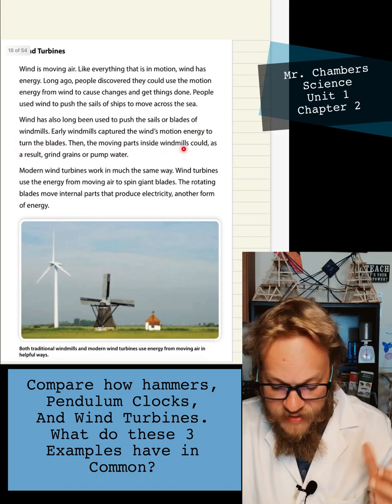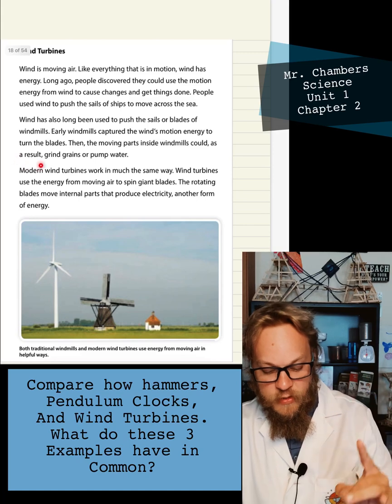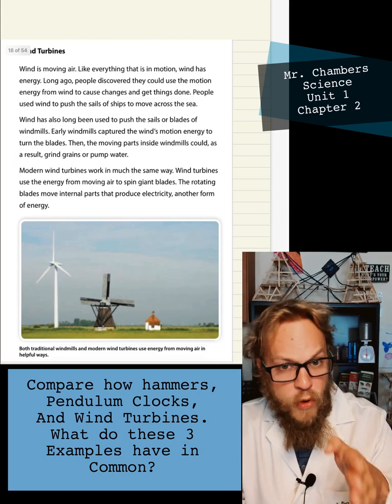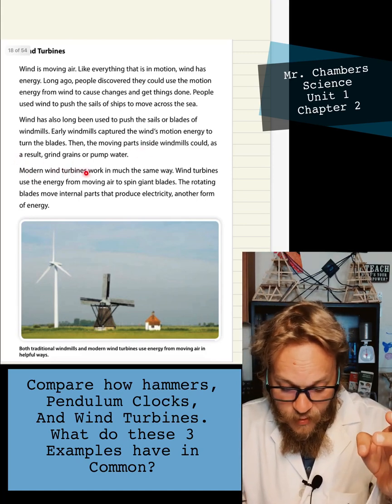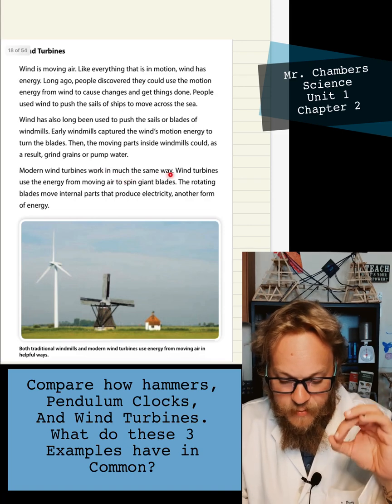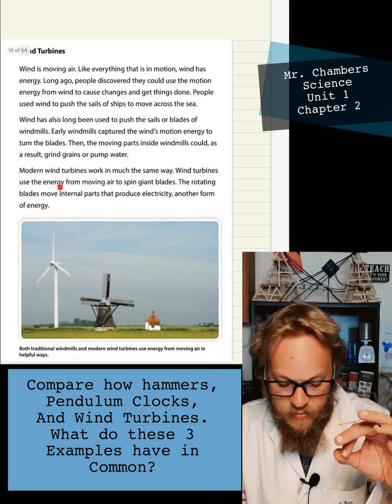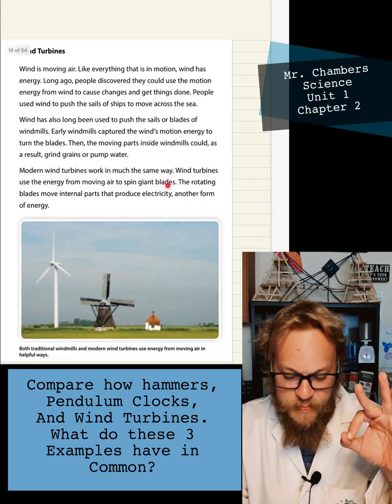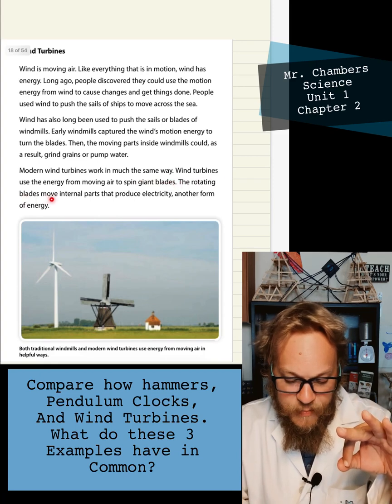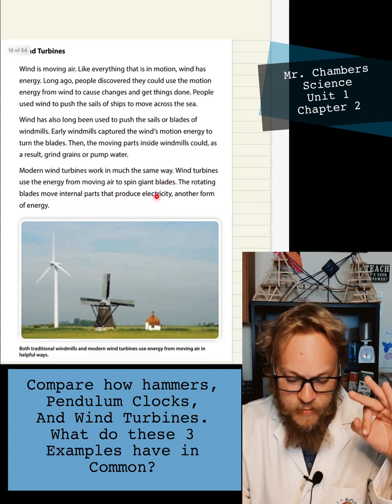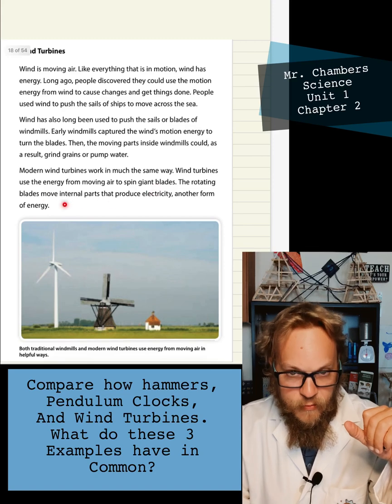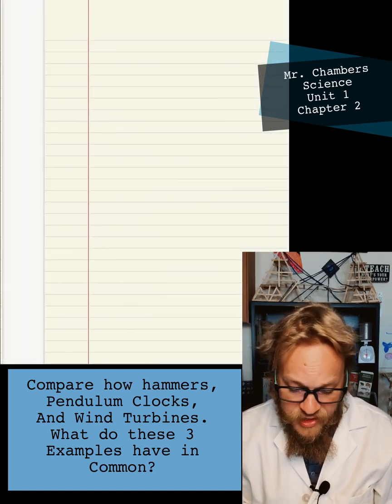Then the moving parts inside windmills could, as a result, grind grains or pump water. Modern wind turbines work in much the same way. Wind turbines use the energy from moving air to spin giant blades. The rotating blades move internal parts that produce electricity, another form of energy.